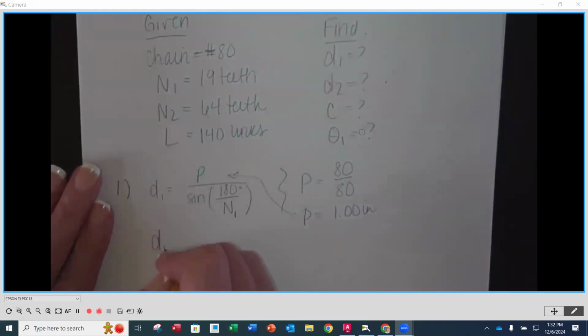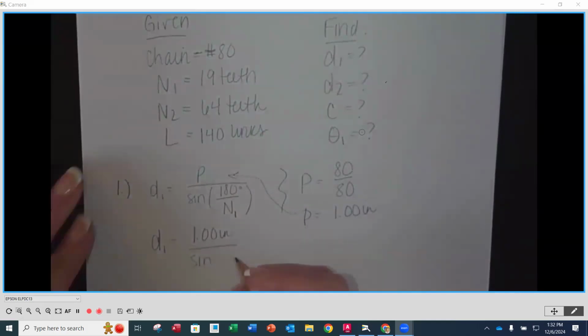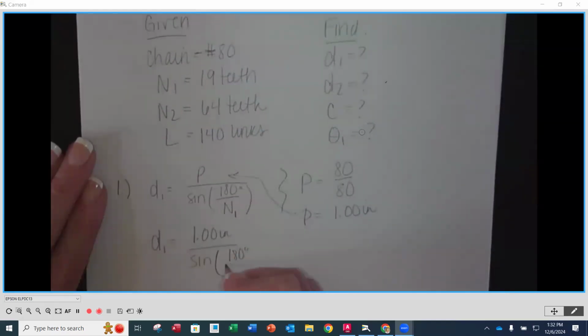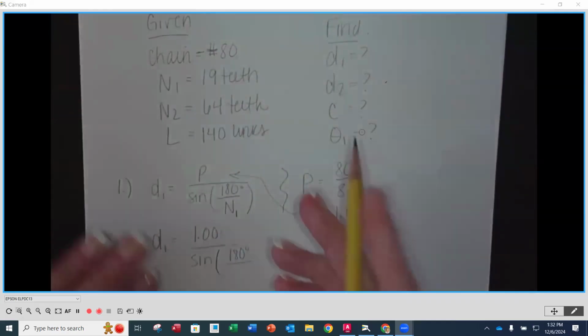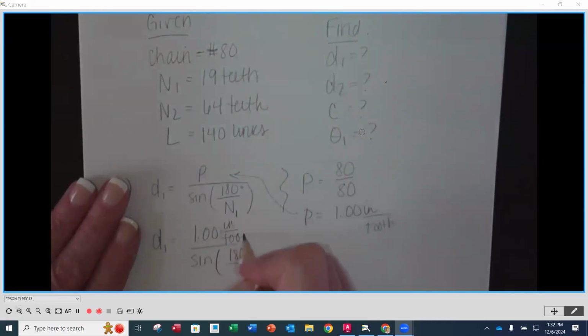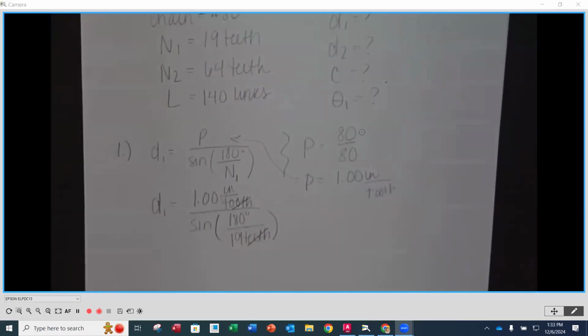So D1 is going to be equal to 1 inch divided by sine of 180 degrees. Remember, it's inches per tooth. We went over this in our overview. And then the number of teeth is 19 teeth. So our tooth and our teeth cancel each other out. Tooth is just singular of teeth.